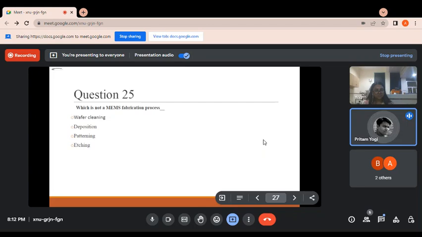It should be there, but I don't know. Banala Sindhu? Ma'am, MEMS devices are fabricated on a pure glass substrate. So you can use silicon, and also you can use glass.